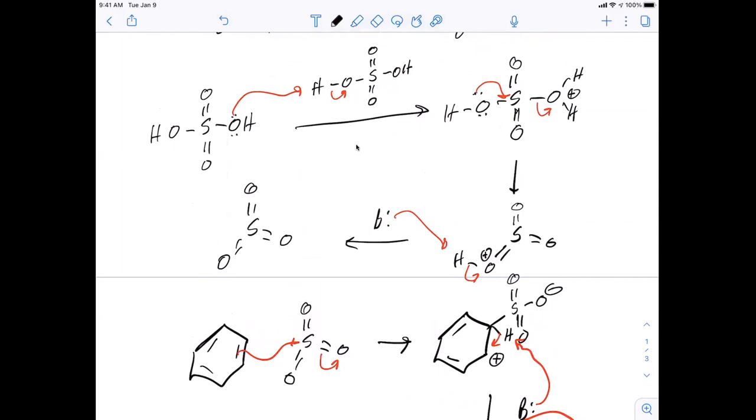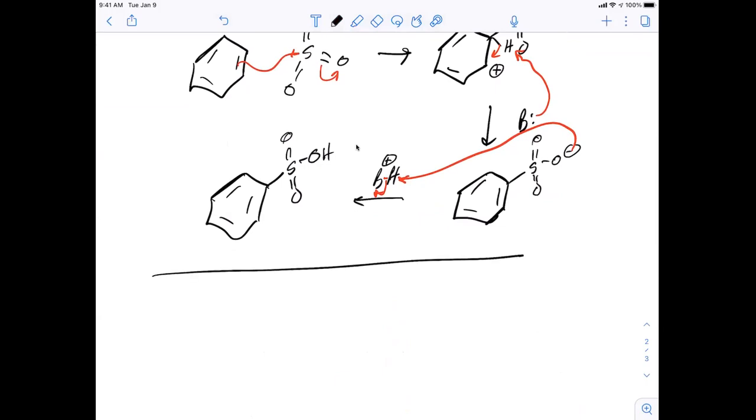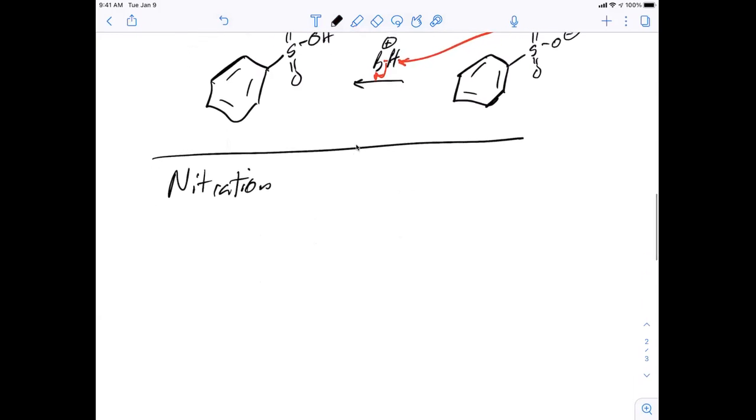So fuming sulfuric acid has SO3 in it. If you take concentrated sulfuric acid and heat it up, you will create SO3 through this process. Okay, nitration.